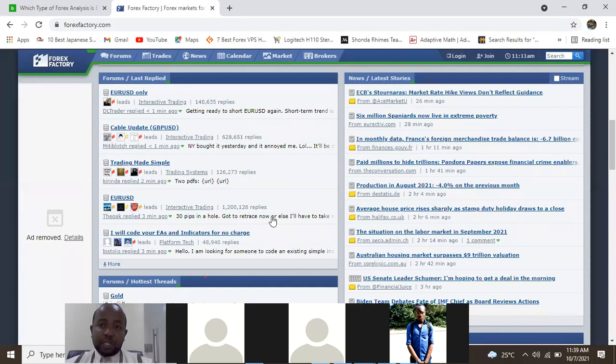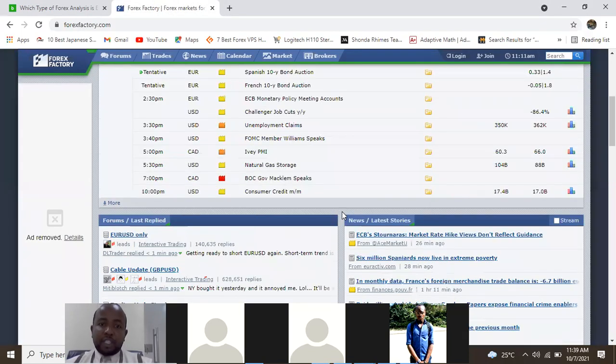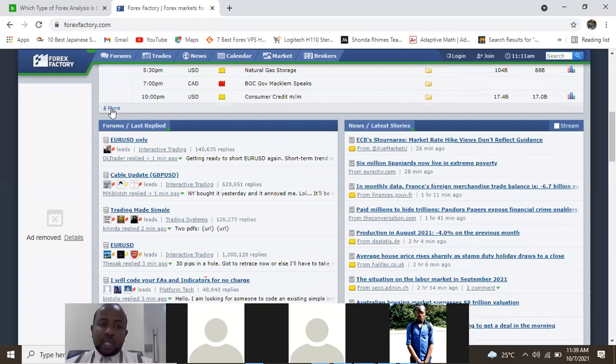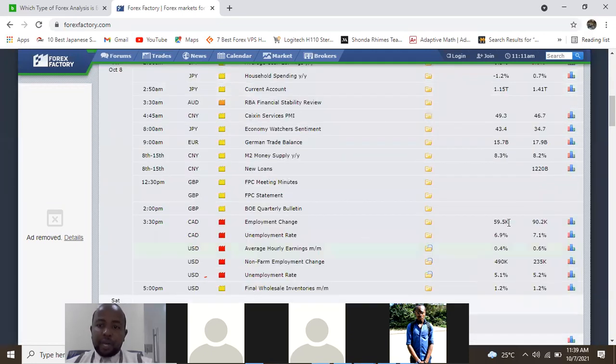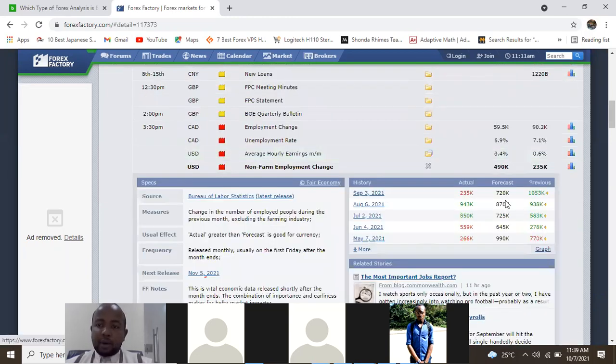Let me show you, for example. Tomorrow we'll be gauging to see how many more jobs were created. You can see 235,000 were created in the month of September. So we'll be looking to see how many more jobs were created. You can see this is the forecast.